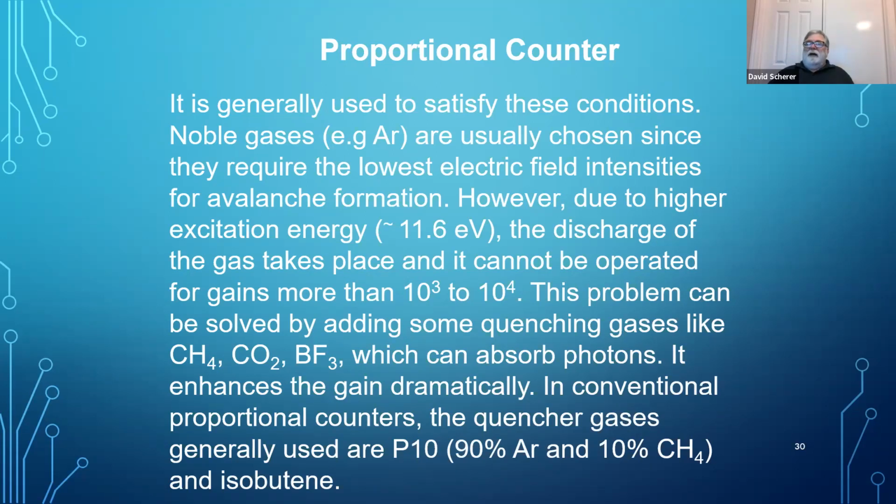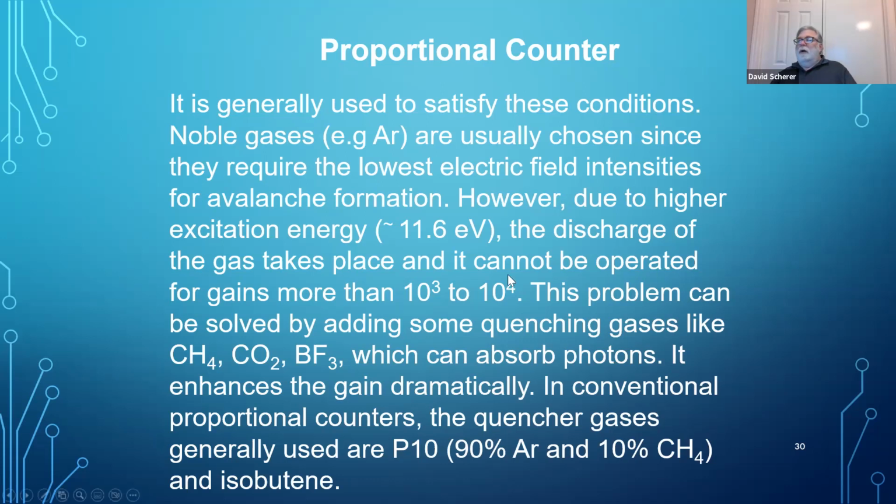Now, it's not that uncommon that this chain reaction of the avalanche is self-sustaining, so it can cause further ionization events like what I described in the breakdown region. We can solve that problem. This occurs because when the ions reach the metal at the outside of the detector, when they recombine there, they can give off UV light, and that can cause another avalanche.